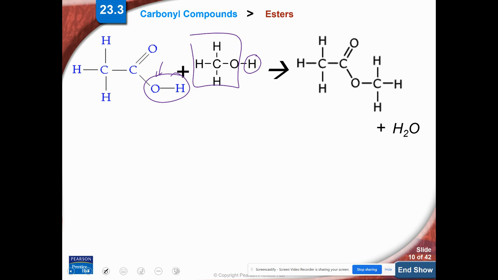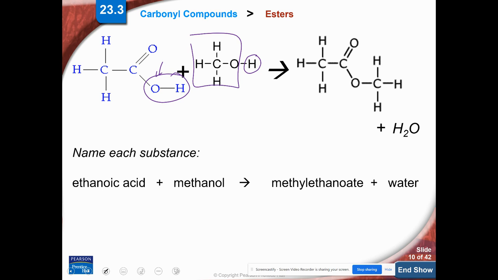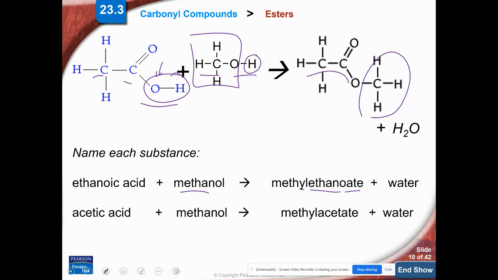So let's give this one a name. We have ethanoic acid because I have two carbons and then oic acid. I have a one-carbon alcohol, so it gets the OL ending. And now I'm going to name my branch first. One carbon branch is methyl. And now I count the carbons, two. So ethanoate. And then again, this could be acetic acid.